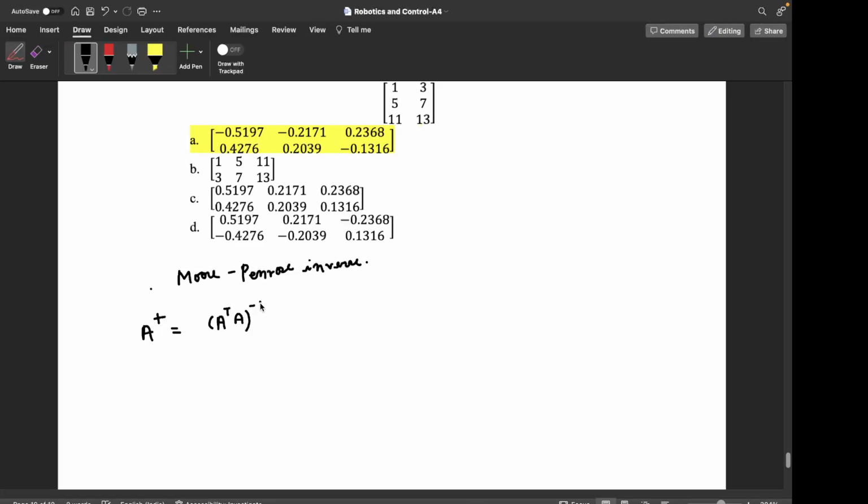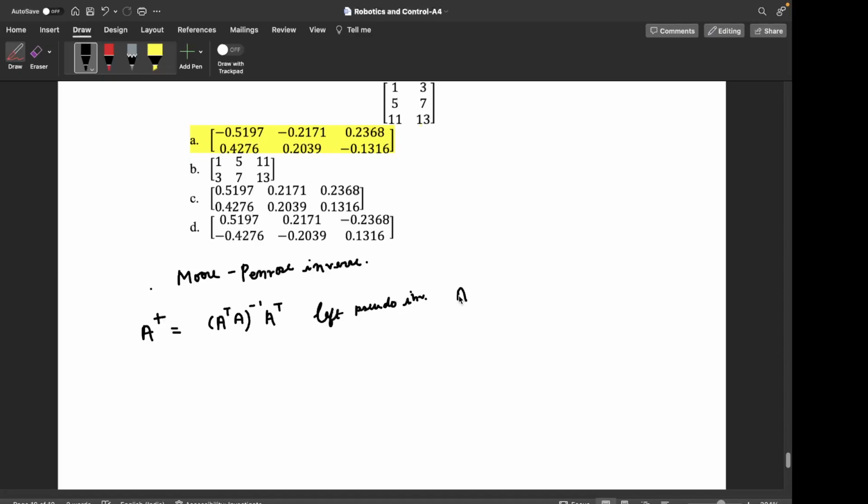(A^T A)^(-1) A^T is the left pseudo inverse. And why left?